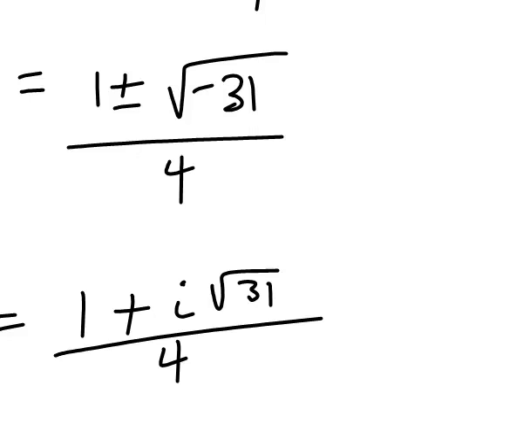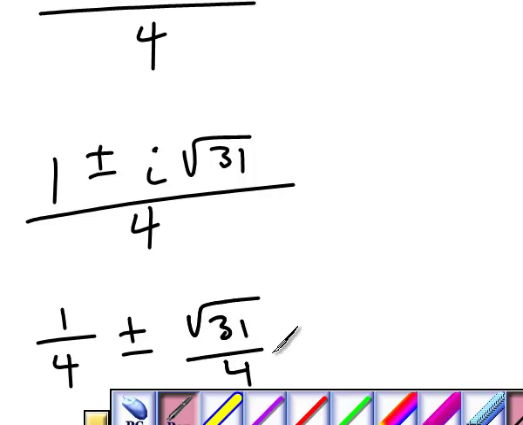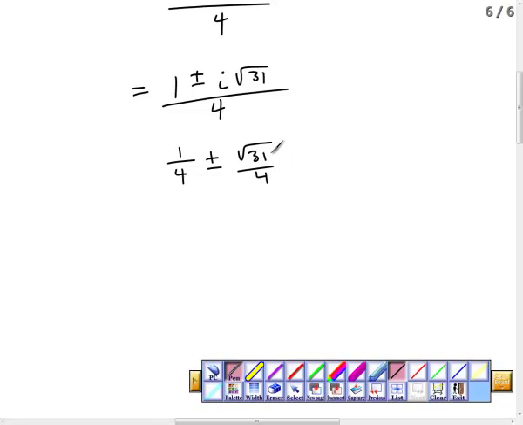Now you could also write this as 1 over 4. You could split it. This should be plus or minus here. Plus or minus square root 31 over 4. Sometimes they like to put i down here like in the middle like that. And that's acceptable. You just don't want to put it up here, because then it looks like i is a radicand.